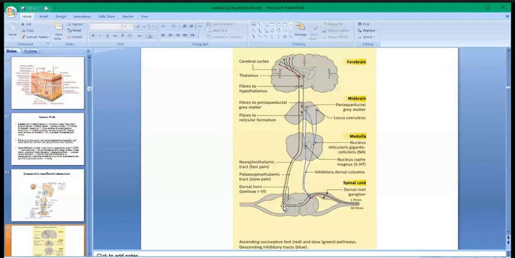It goes, and here it enters into the lateral spinothalamic tract. Because it is lateral, it goes from the spinal cord and ends in the thalamus. So lateral spinothalamic tract. It may go in that way, it may go in this way also. From here it comes here, from here it will go. And that is called the anterolateral system.